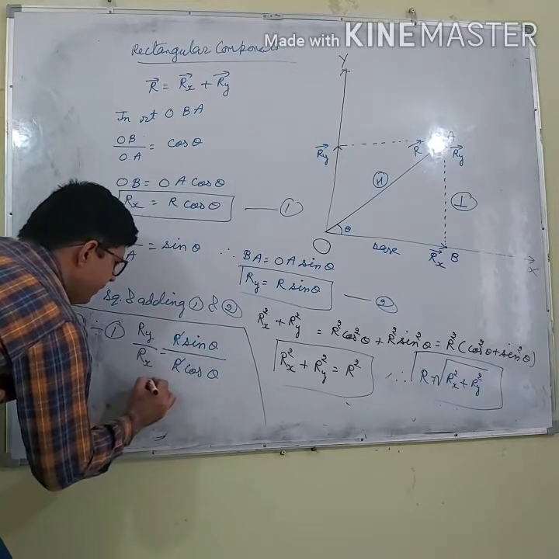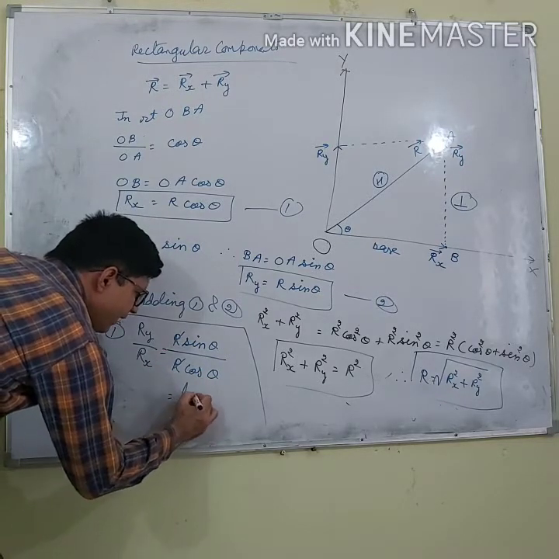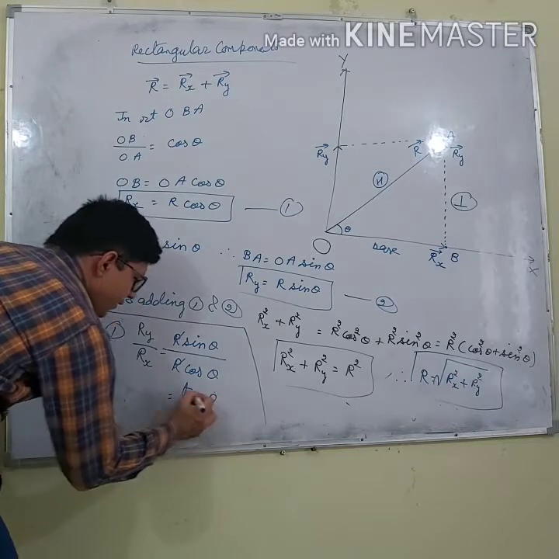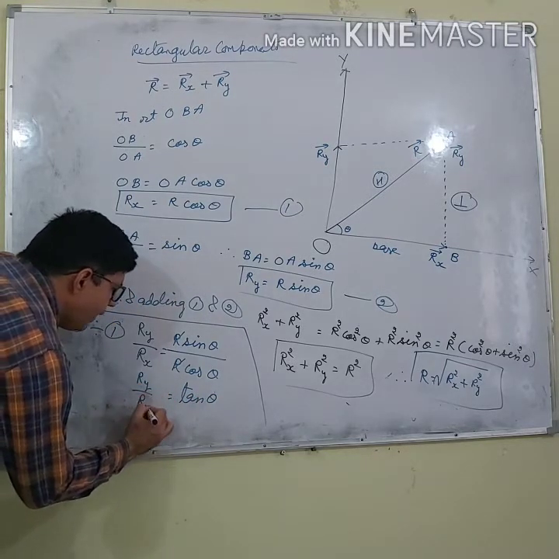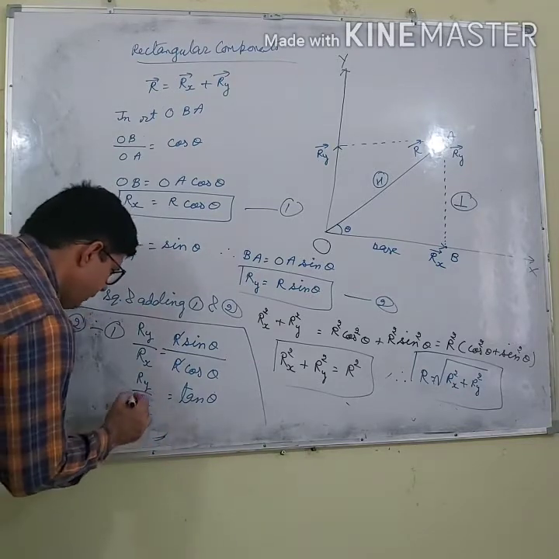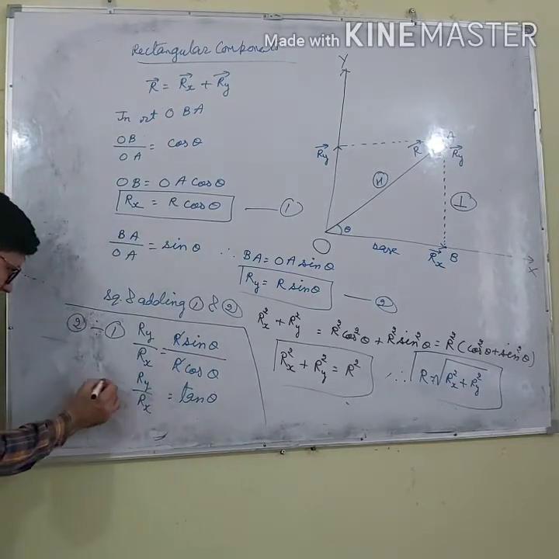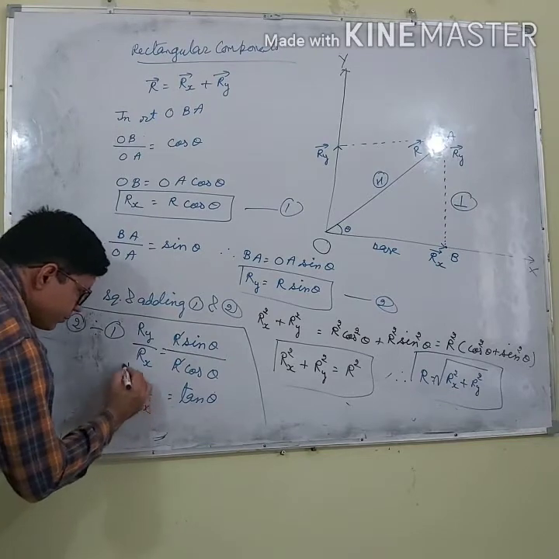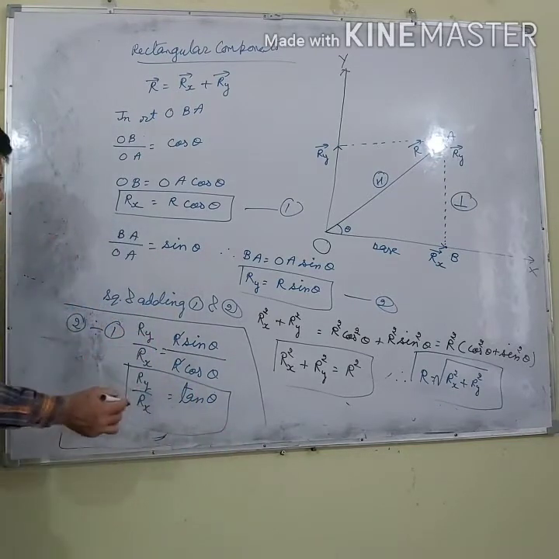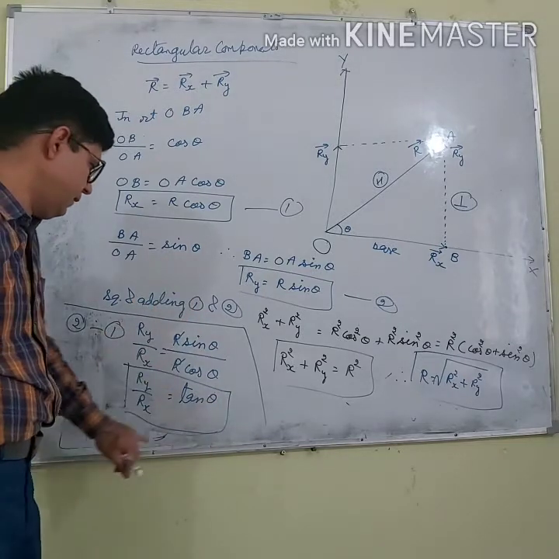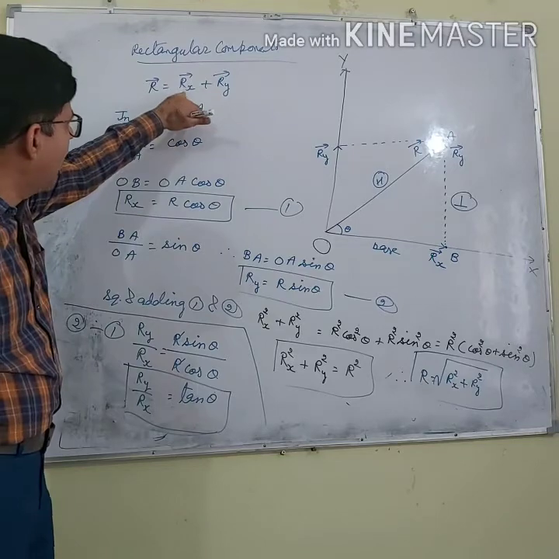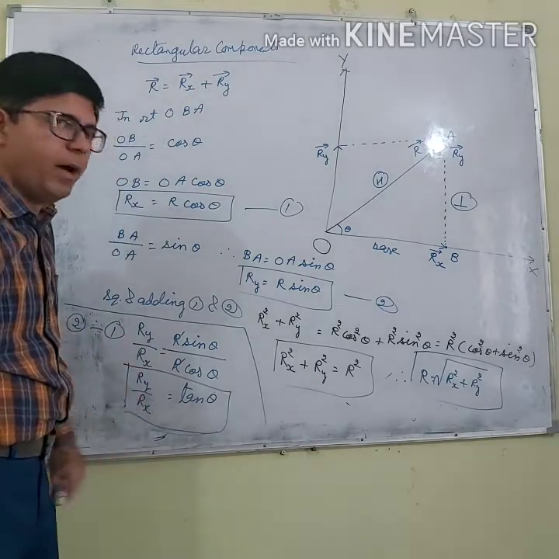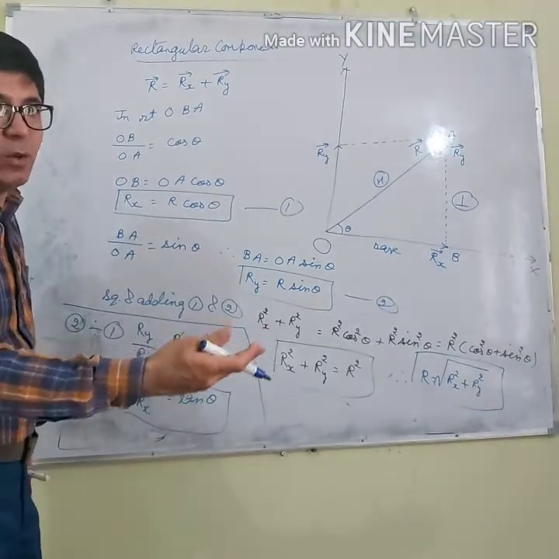R gets cancelled, so I can say tan theta is equal to Ry by Rx. Right? So in this way I can calculate Rx, Ry and the tangent of theta.